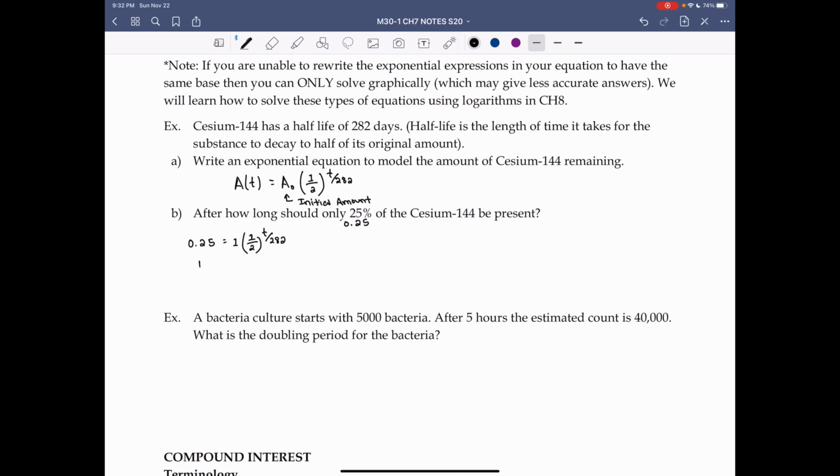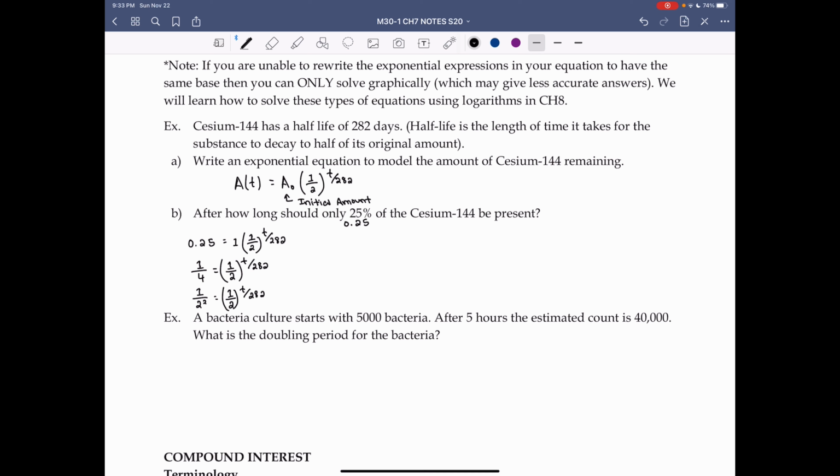0.25 is 1/4, which equals 1/2 to the power of t over 282. I can write 4 as 2 to the power of 2, so 1/4 can be written as 1 over 2 to the 2 equals 1 over 2 to the power of t over 282.